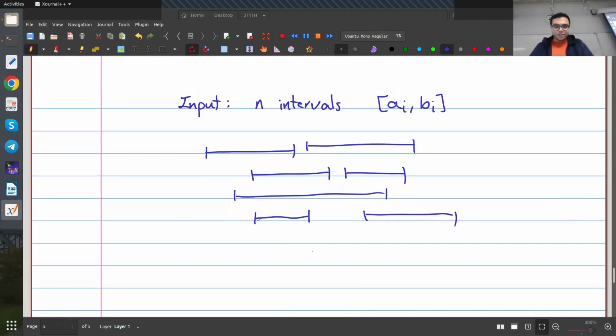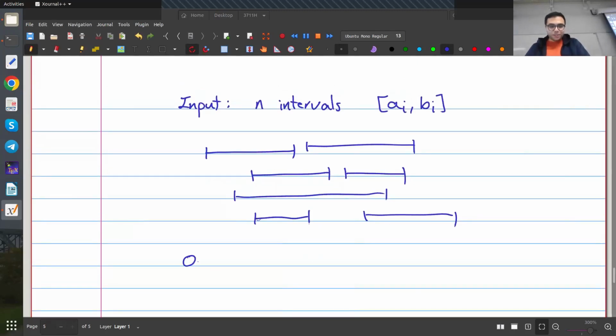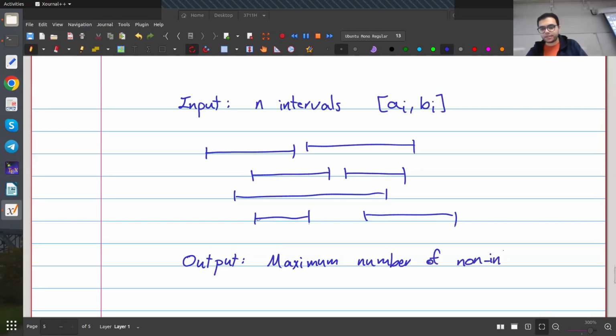So the output is going to be the maximum number of input intervals that you can take, such that no two of them intersect. So what is the maximum number of non-intersecting intervals?